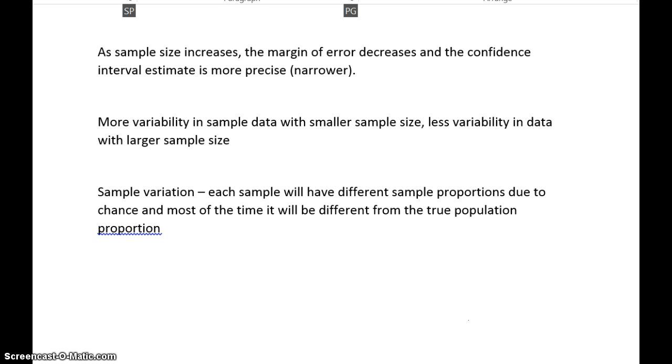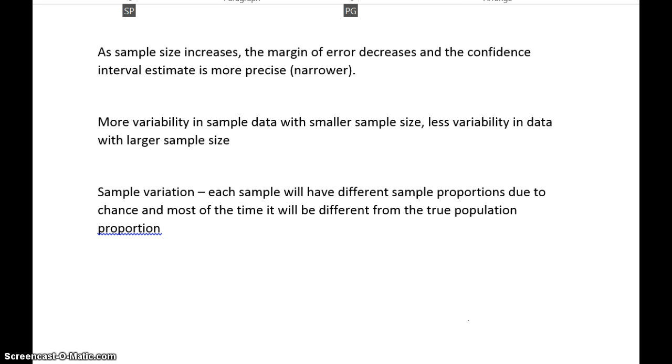So for example, if M&M's was advertising that 25% of its candies are blue, where would you expect to see more variability in the P hat values for blue candies? In a bag that has 10 pieces? Or a bag that has 100 pieces? It would be the bag that has 10 pieces. There you're more likely to get a wider variation in your P hat values.